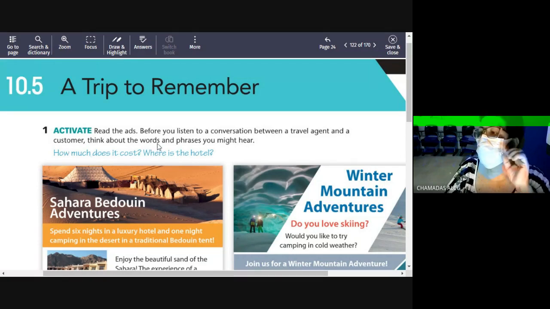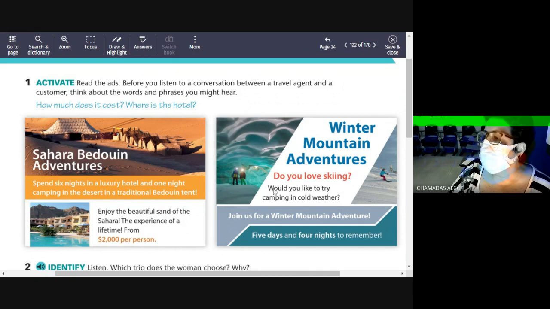Think about the words and phrases you might hear. So let's take a look at the two ads we have here. Take a look in silence at the two ads, and think about the words and phrases you might hear in this conversation.